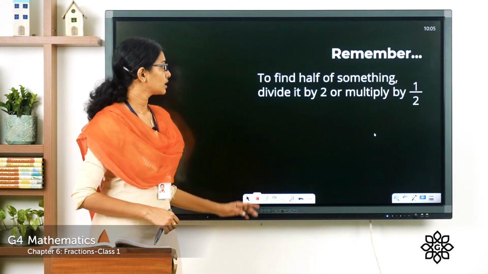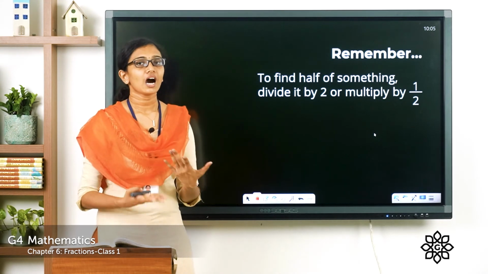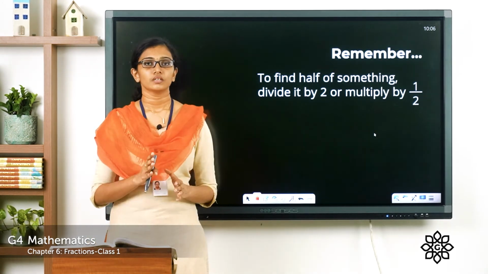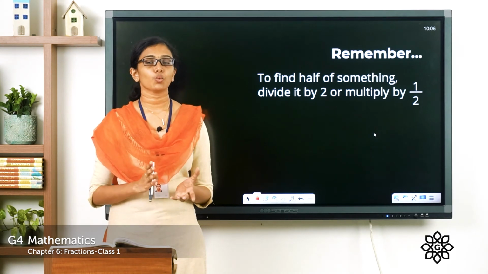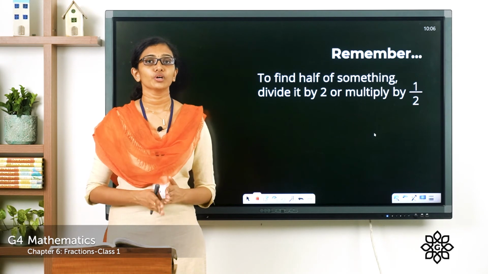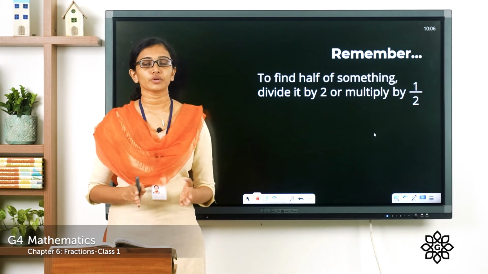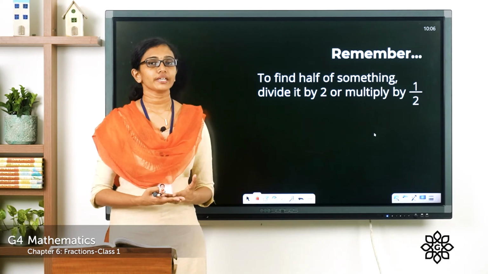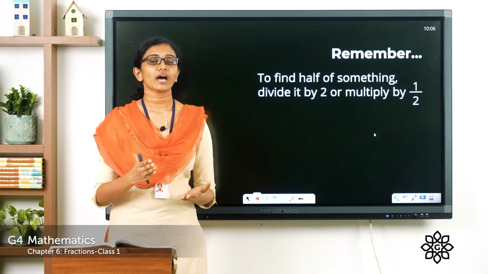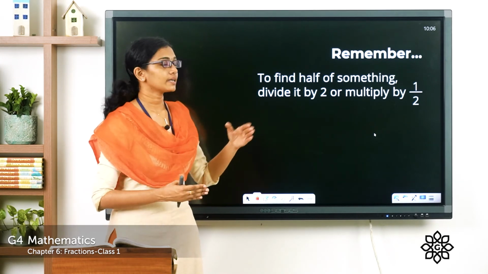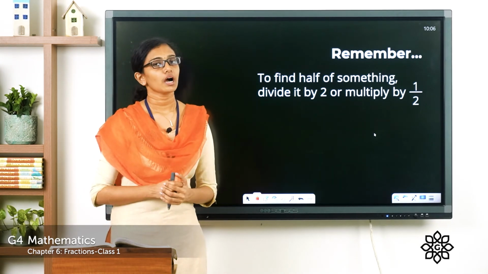Now, to find out the half of something, when you want to divide something into 2 equal halves, suppose you have a cake and you want to divide that into 2 equal halves. What do you do? You cut that into 2 equal parts. Clear? So similarly, when you want to find out the half of something, you either divide that by 2, or you multiply that by 1 by 2, or 1/2.